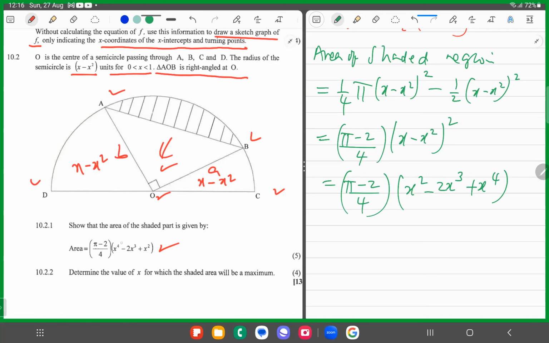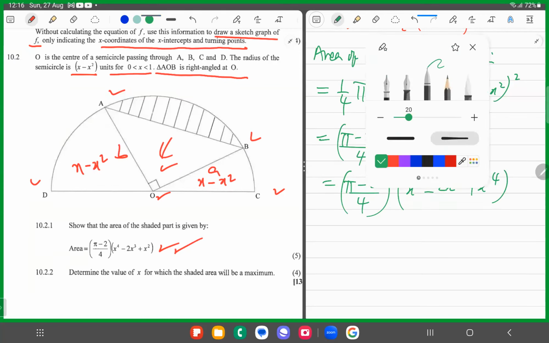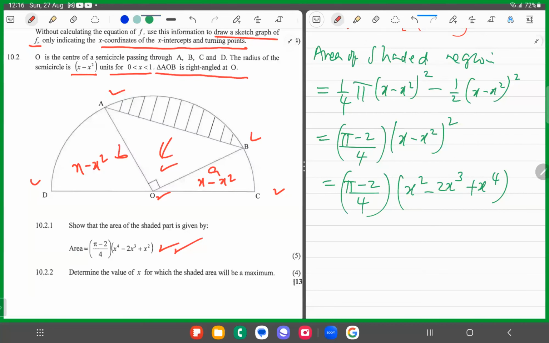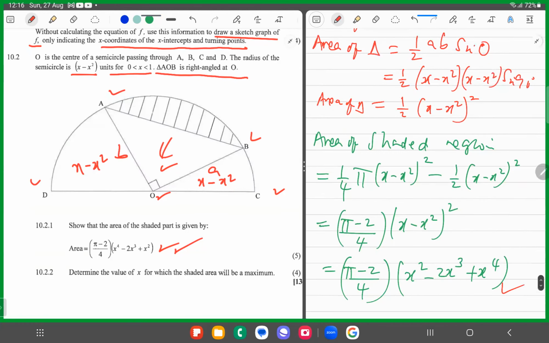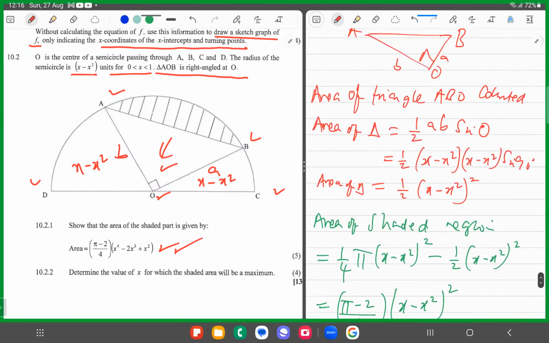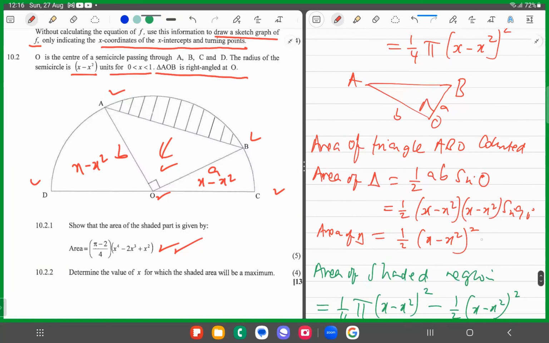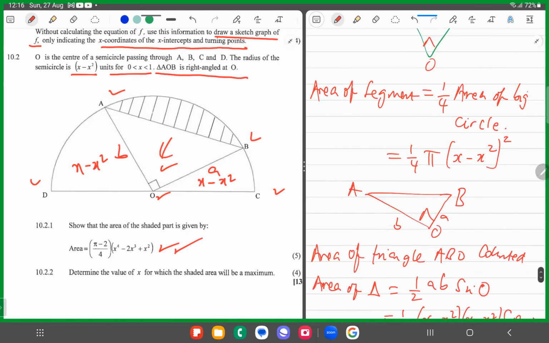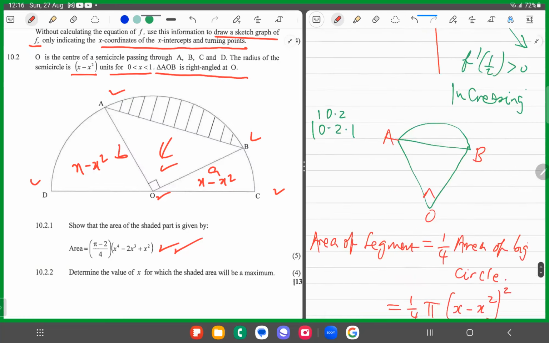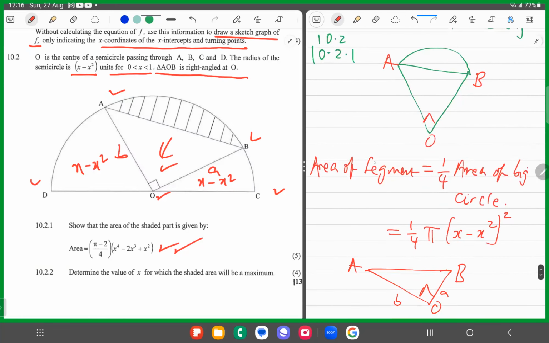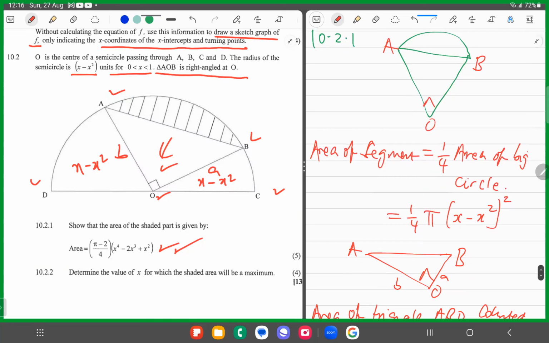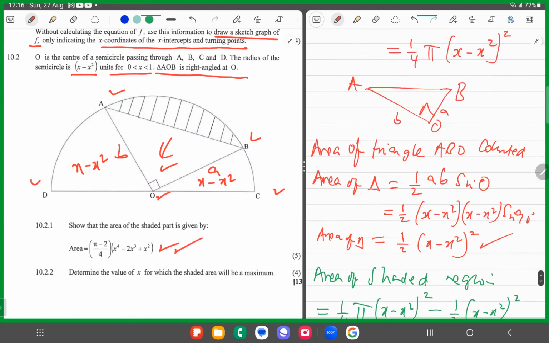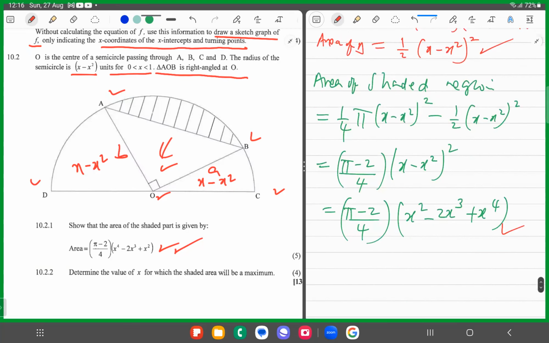So you need to show that the area of the shaded part is given by this, and there it is, for 5 marks. We find the area of the triangle. We found the area of the segment. And then we take the area of the segment minus the area of the triangle, and then we got everything there.